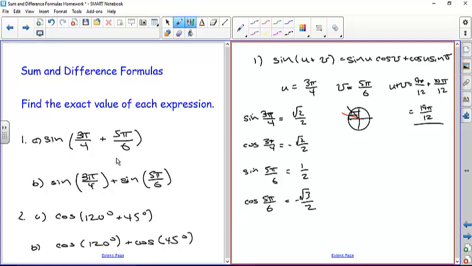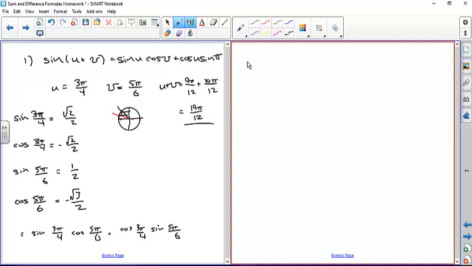So now we can answer the first part by using this formula. We're going to get the sine of 3 pi over 4 times the cosine of 5 pi over 6, plus the cosine of 3 pi over 4 times the sine of 5 pi over 6. Let's do that.